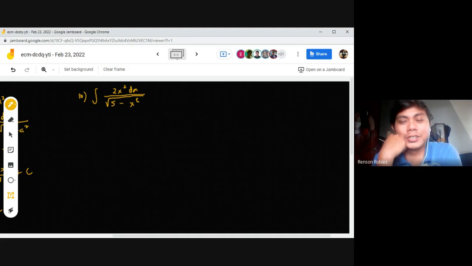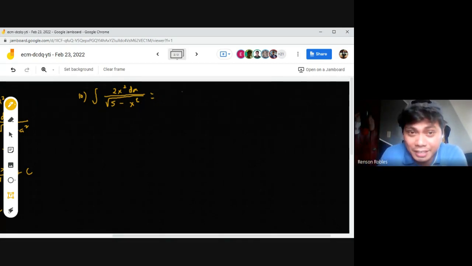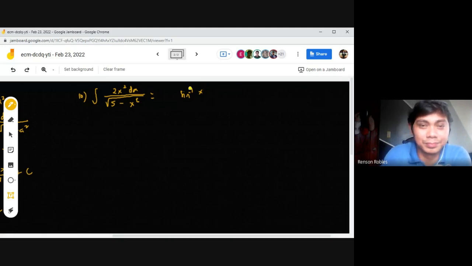Before I show you the detailed solution. That would be what? Okay, that should be arc sign. Isipin nyo na lang kung ano yung coefficient sa unahan. That should be arc sign x cubed. Yung arc sign, walang 1 over a sa unahan, ha?